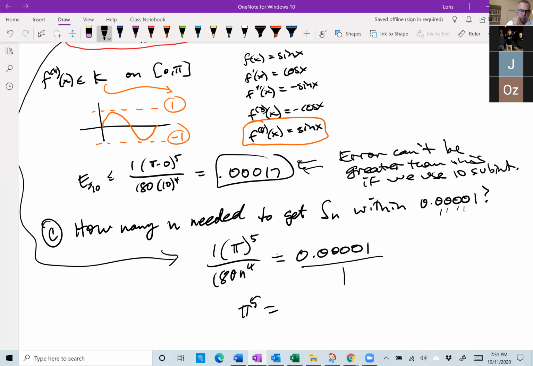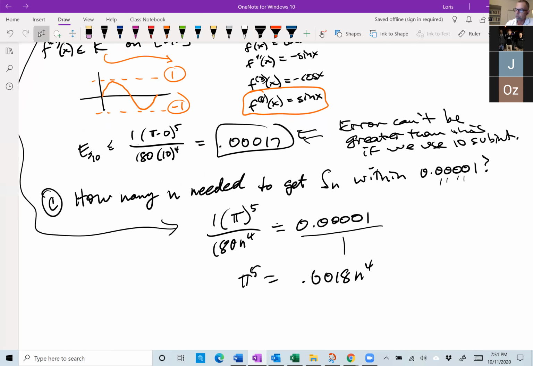So this is 0.0018 n to the 4th. I'm a math professor, I should be able to do that in my head, but whatever. Times pi raised to the 5th. I'm trying to get through this. So what I get is 170011 basically.